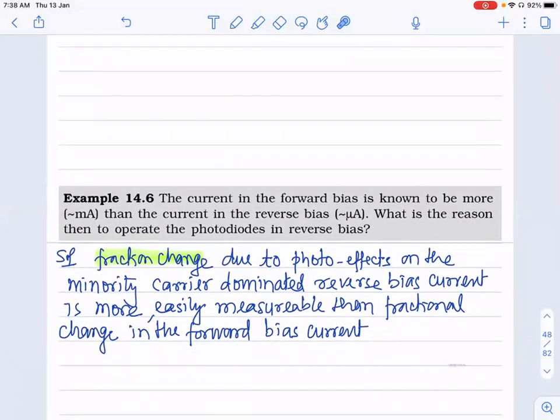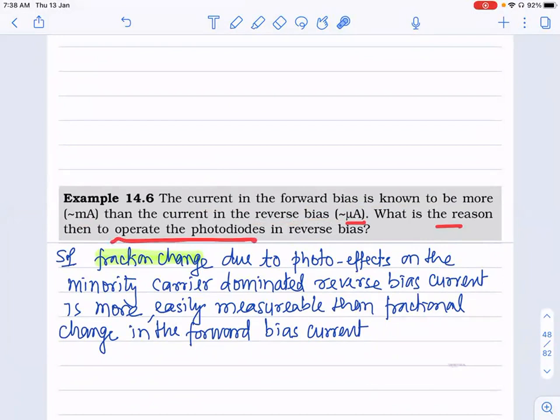Sorry, look here: the current in the forward bias is known to be more, in milliampere, than the current in the reverse bias, which is in microampere. What is the reason?